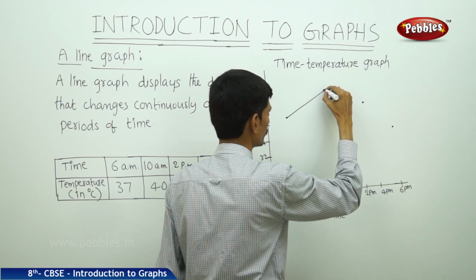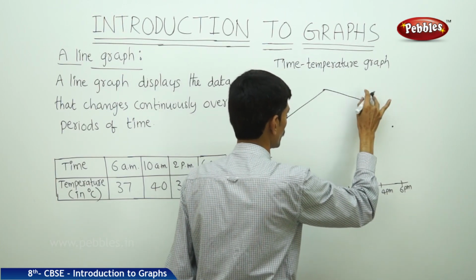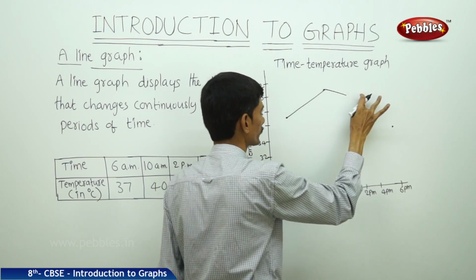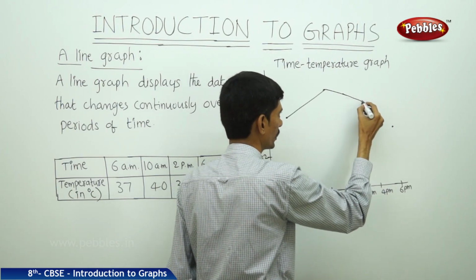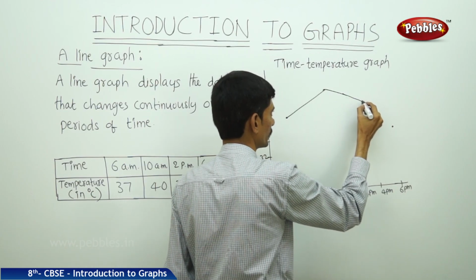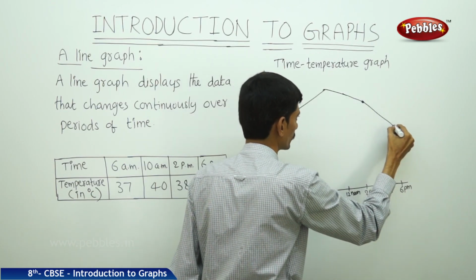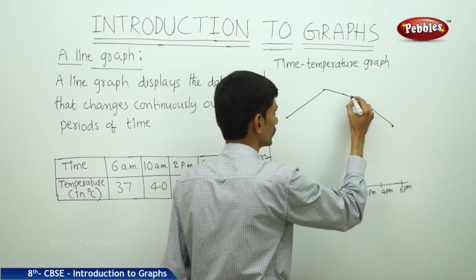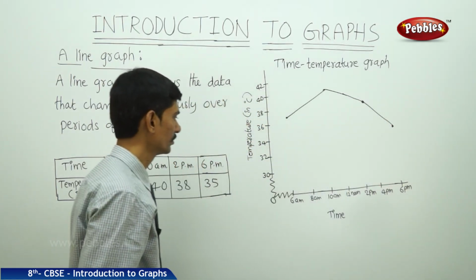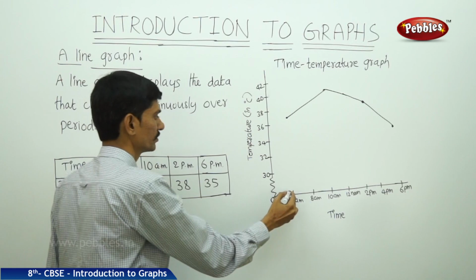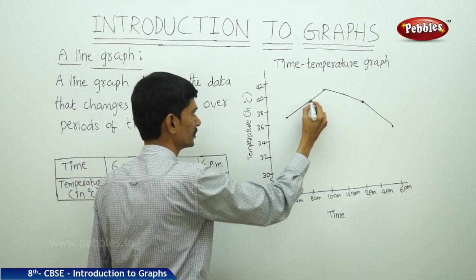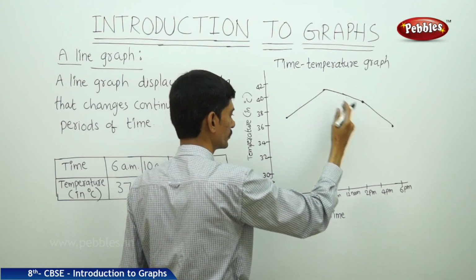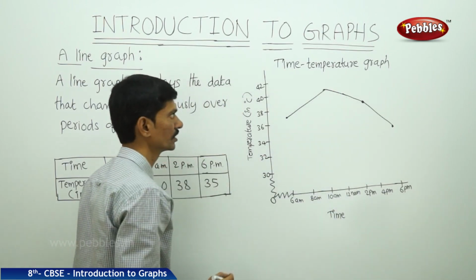This is also known as a time-temperature graph, because we are taking time on the horizontal line and temperature on the vertical line. If you observe the pattern of the temperature, from 6 am to 10 am it was increasing, then from 10 am to 6 pm it was decreasing.